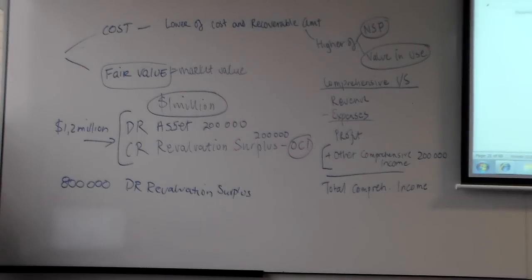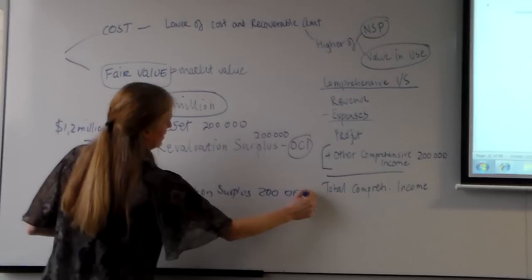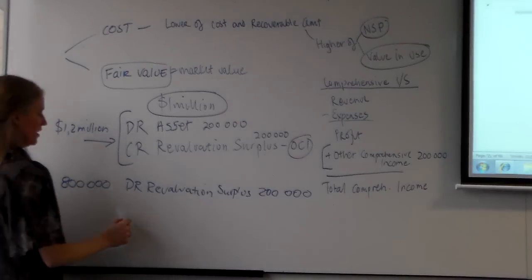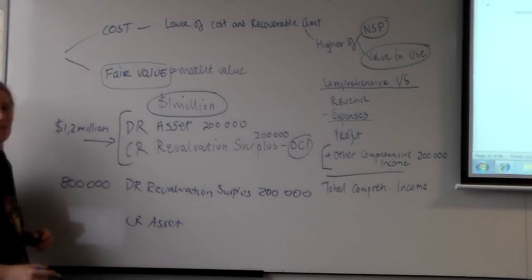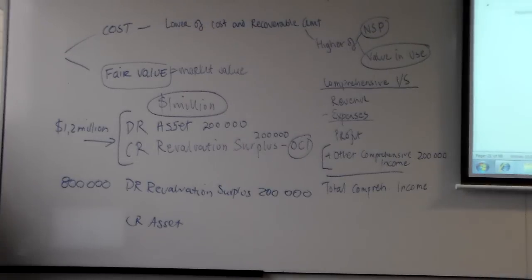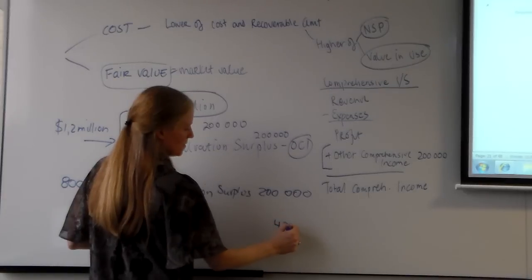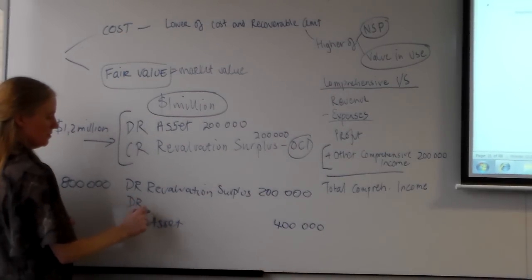So we've revalued the item and there's a surplus of 200,000. You're quite right. Well done. What else will we do? Credit the asset. You're going to credit the asset with? 400? Yes. So what's the other debit going to be?